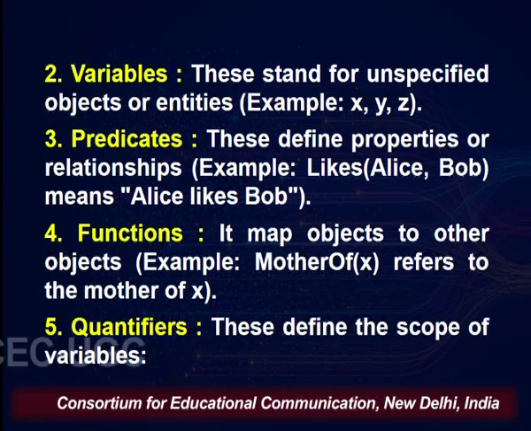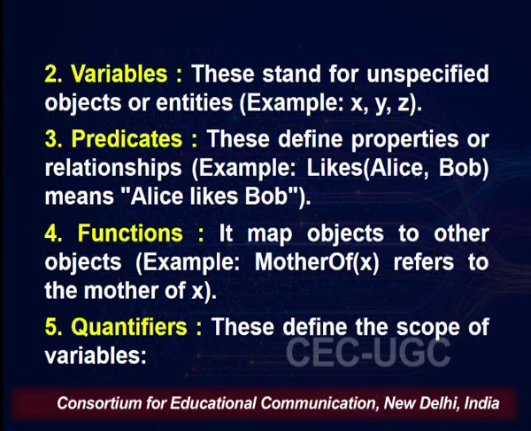Then we have predicates. These are defining properties or relationships. For example, let us say I want to write Alice likes Bob. So, I will write likes, then the first parameter within this is going to be Alice and the next parameter is going to be Bob.